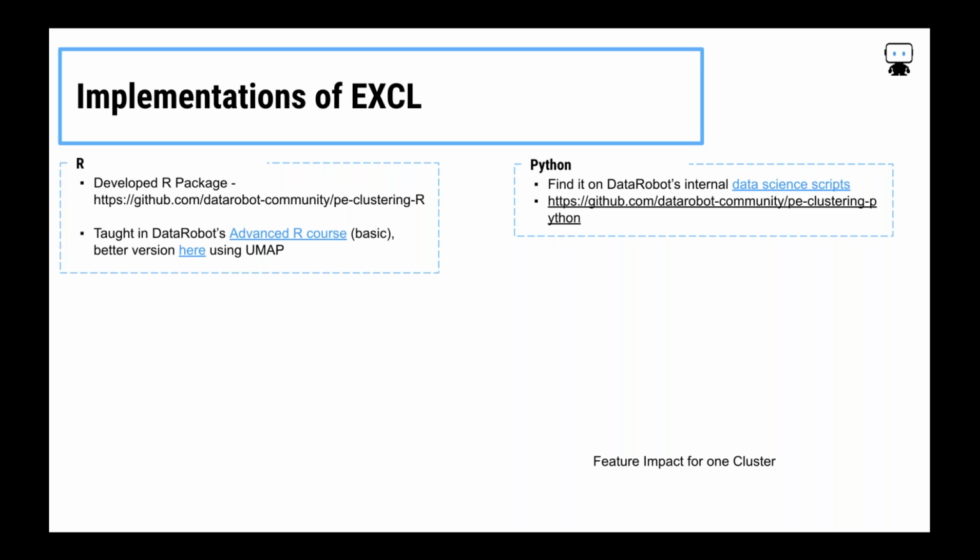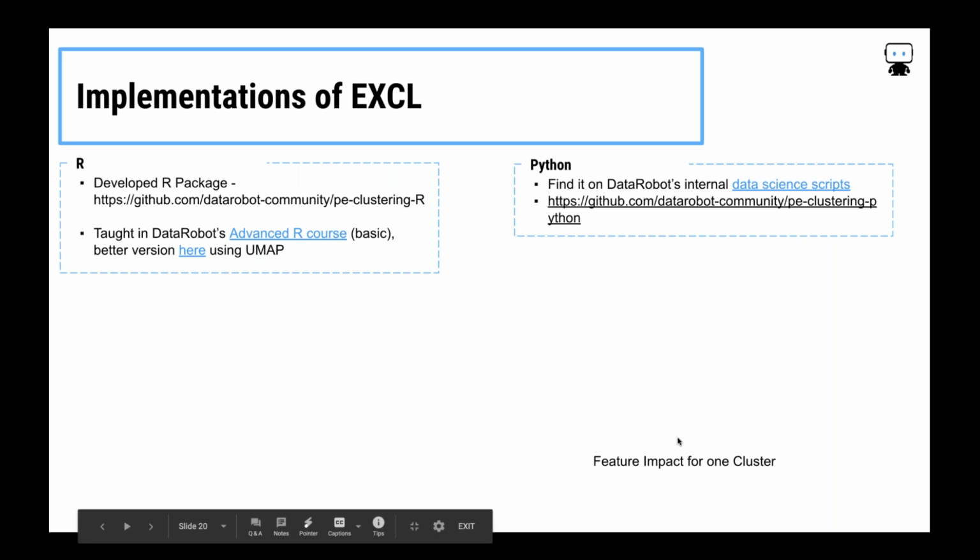We have a bunch of internal resources, but for now, for most of you, those are probably the easiest ones to get to. And I think what we want to do next is have Andrew walk through an example of using the R package with DataRobot.